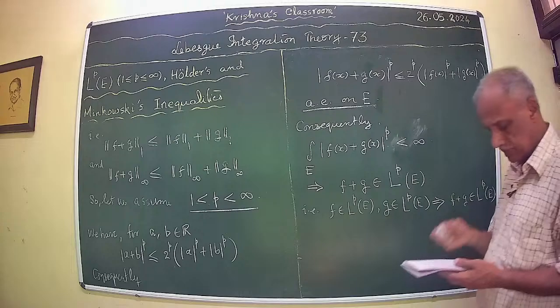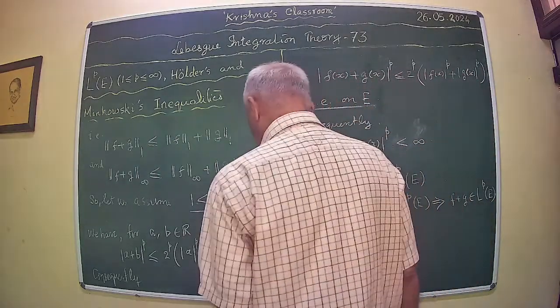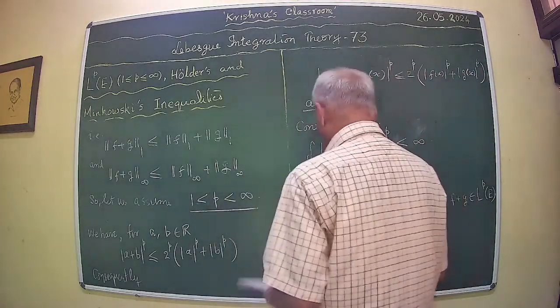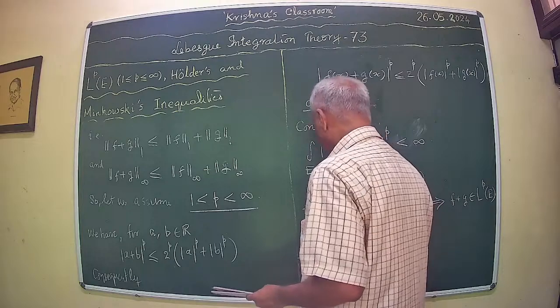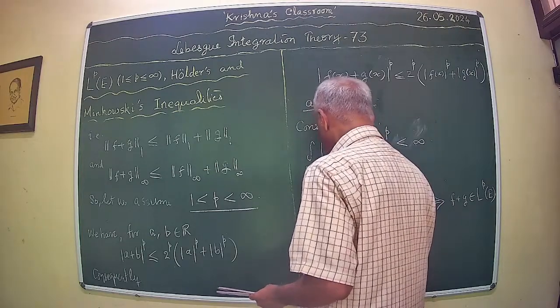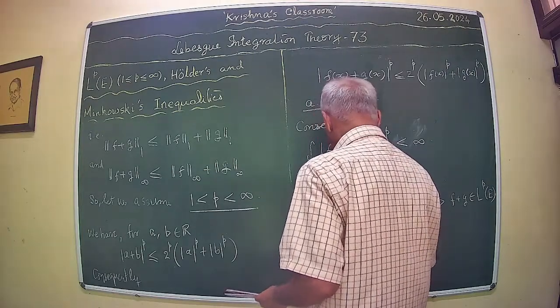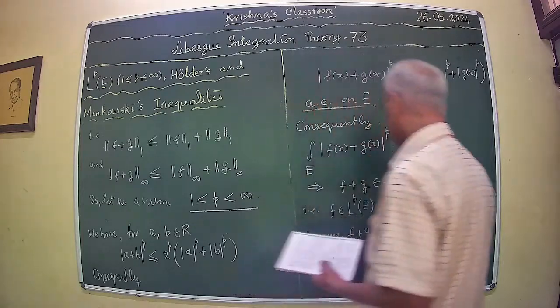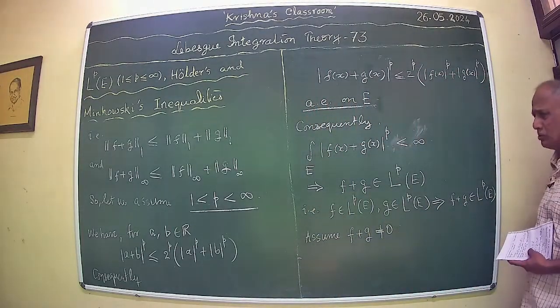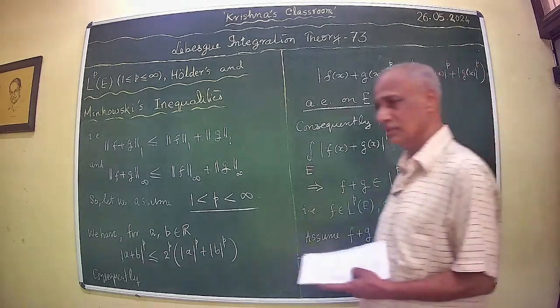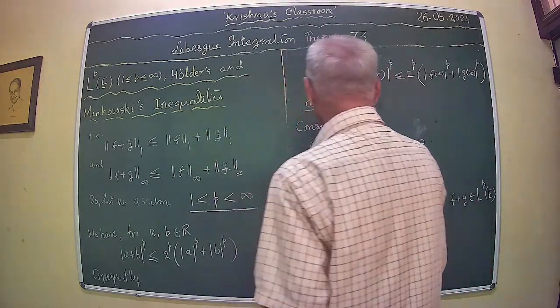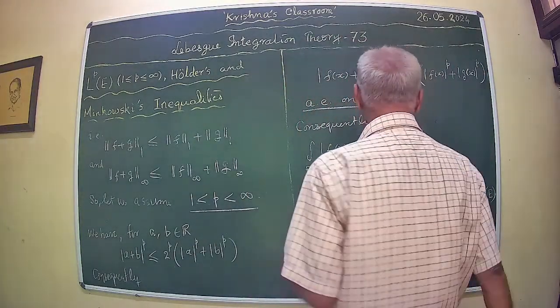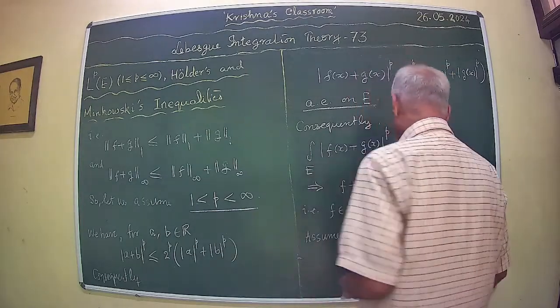Now we will estimate this. Now assume, if F plus G equal to 0, then of course this integral is 0 and therefore this inequality is automatic.